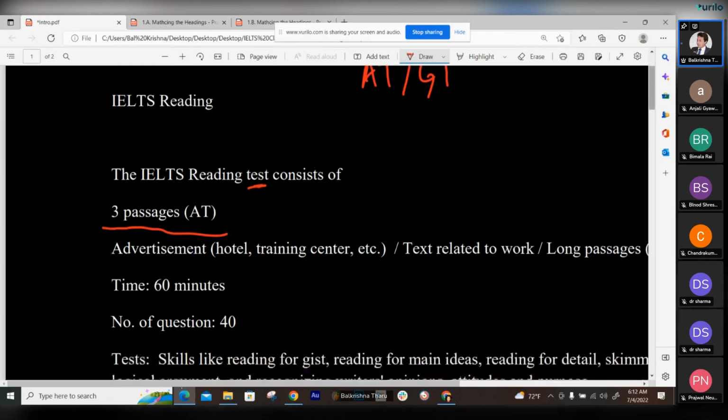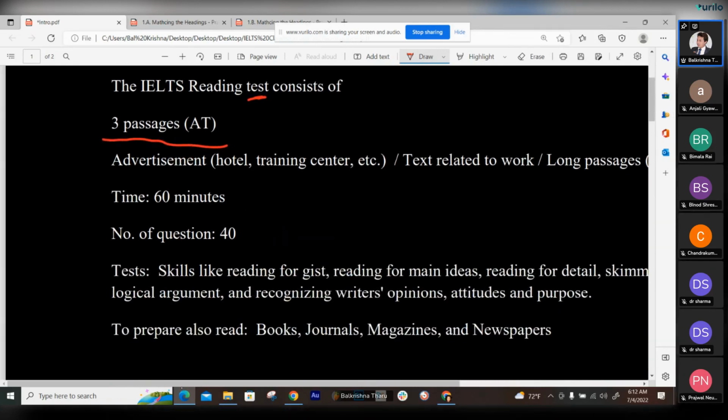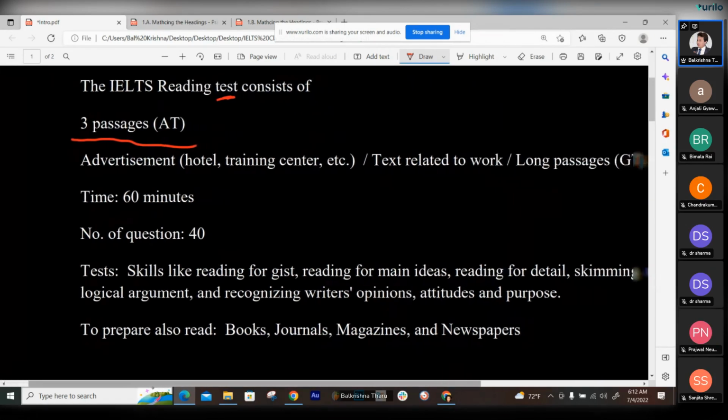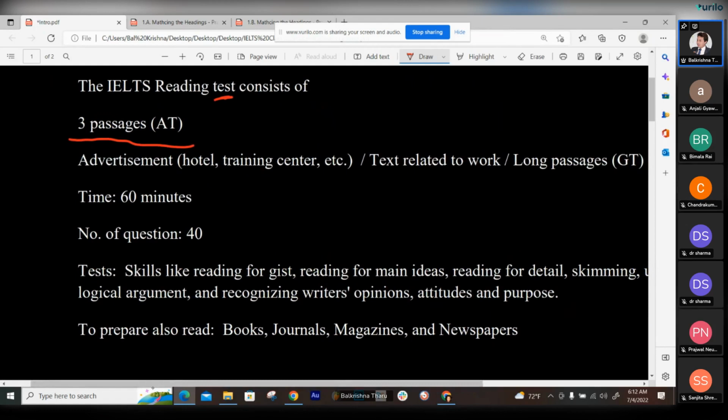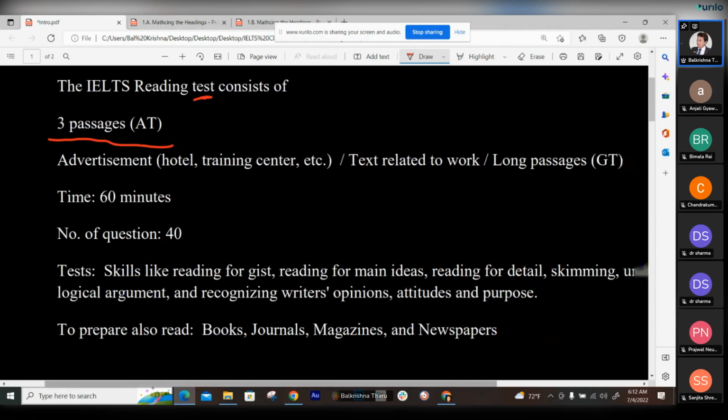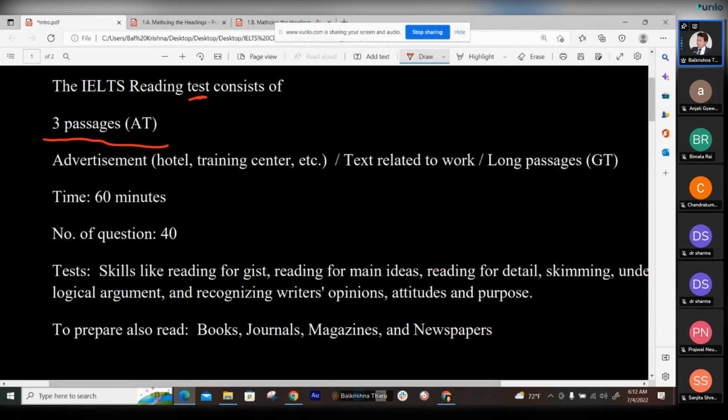So for the academic students, we've got three reading passages. What does it contain? It contains three passages. And then about the GT, we have advertisements, articles, text related to work, and long passages.